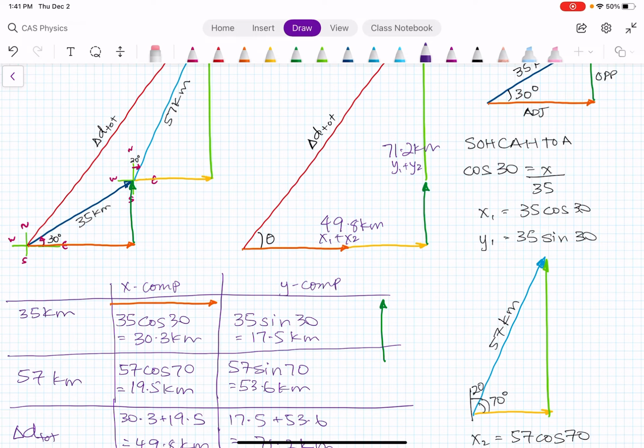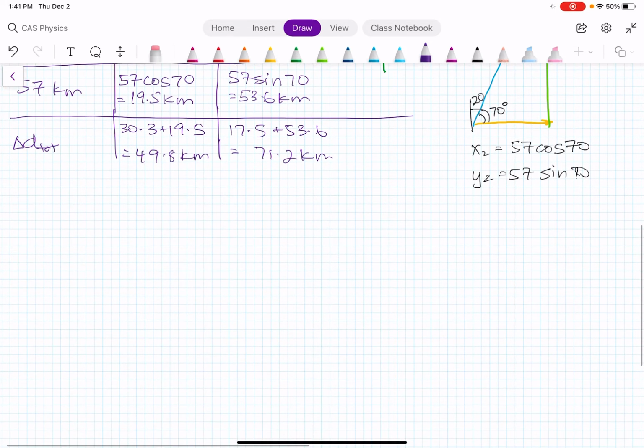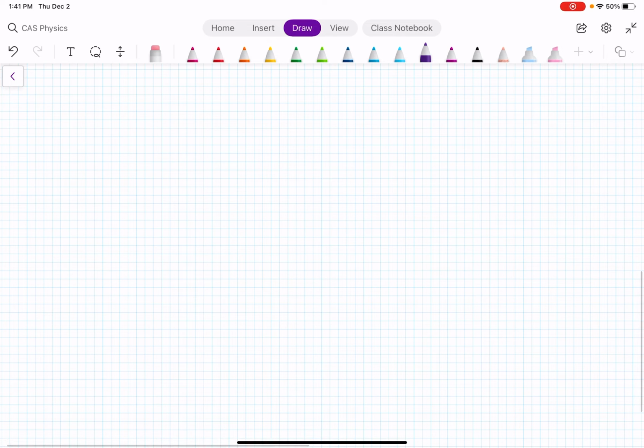So I can solve this. I'm just going to bring it all the way down here and redo it. I can just take this vector, hang on one sec. I can put it here, and then I've got these two. Well, let me just say this.